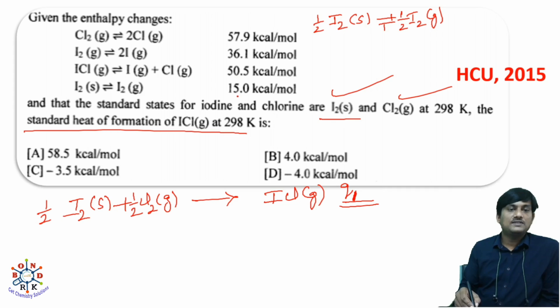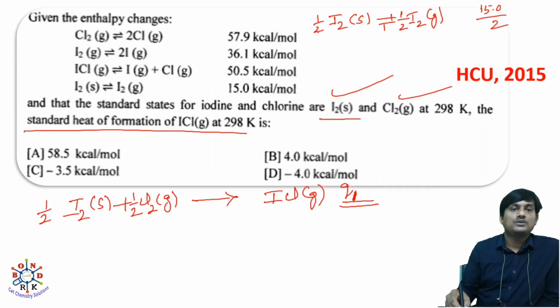What is the energy which is involved? 15.0, so it will be 15.0 by 2, since you are dividing with 1 by 2. The next one: 1 by 2 I2 gas gives I gas.